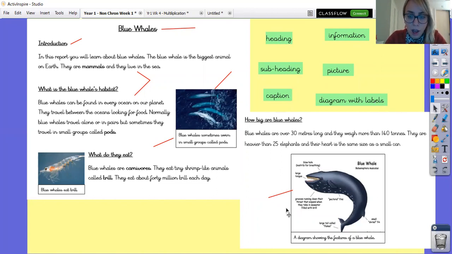Now, I have drawn lines pointing to different parts of our non-chronological report. Do you think you can match each of the features to the red line? So for example, I know this one here, blue whales, is the heading. Okay, so I'm going to move that there.